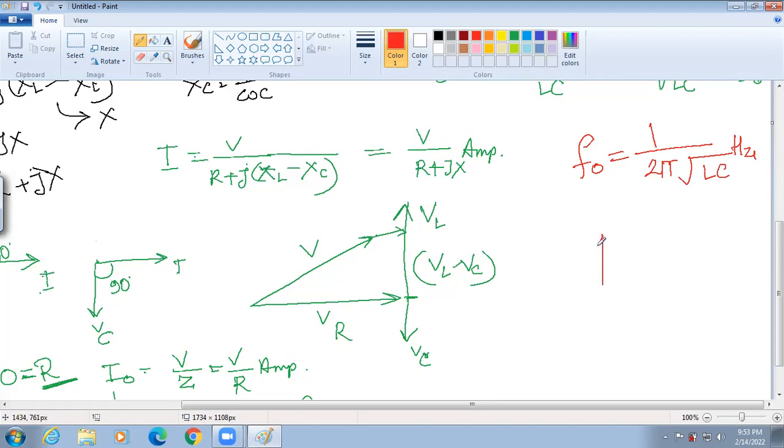This is the resonance condition. This is the VL. This is the VC. This is the current, sorry, this is not L, this is a current. This is C.